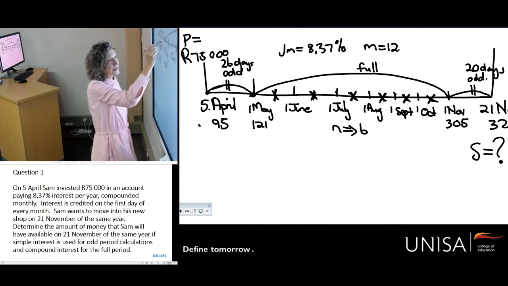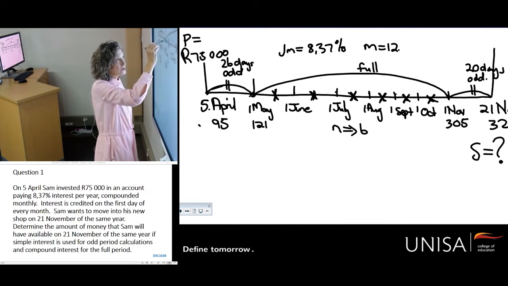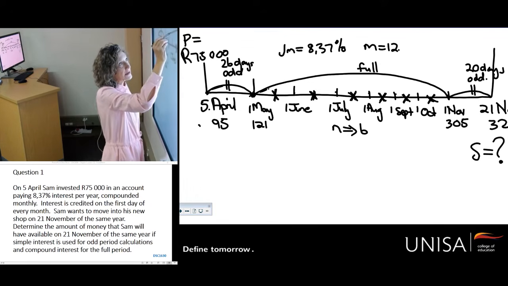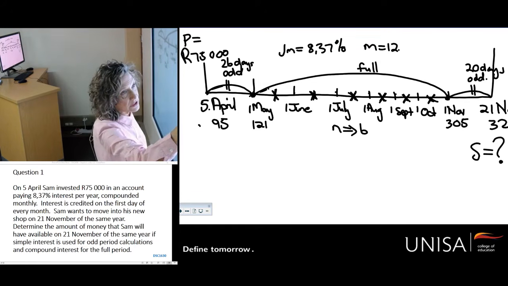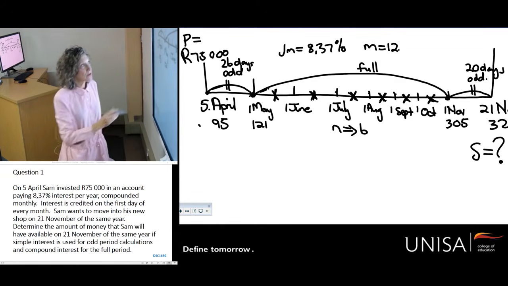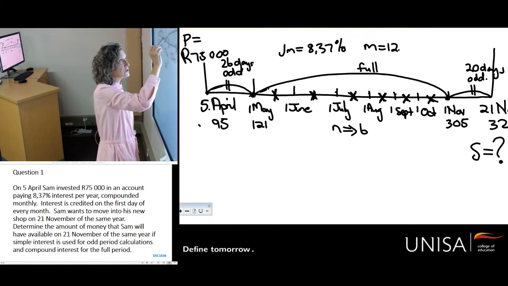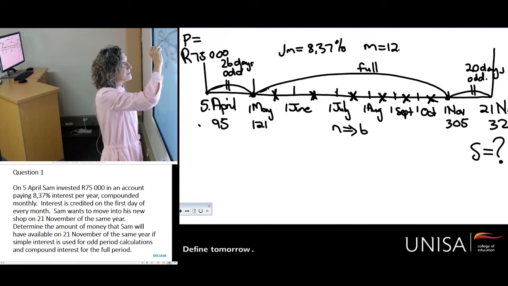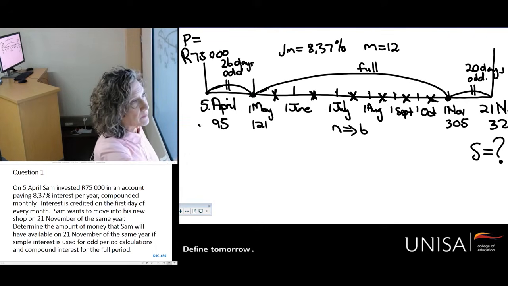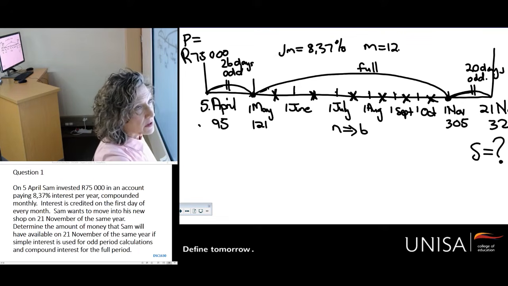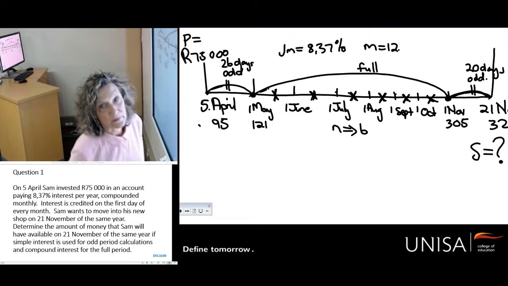After I've calculated that, I will then use this value as the present value for the next part of our interest calculation up to here, which is compound interest. So it's my simple interest. The answer of my simple interest, I use compounding it up to here. Then when I have this answer here, I then will use simple interest for that period there.